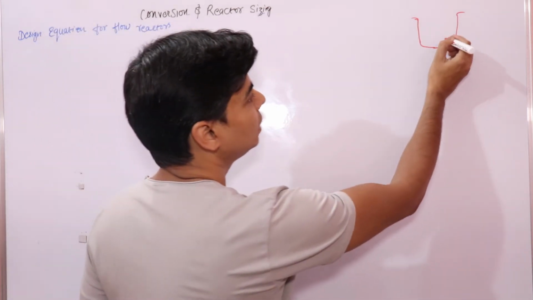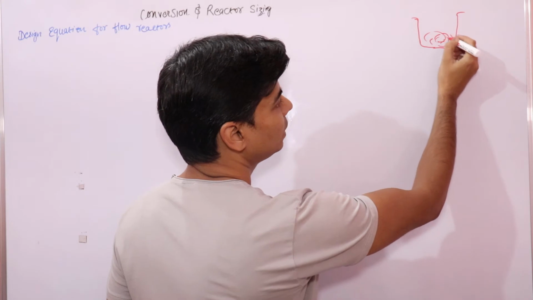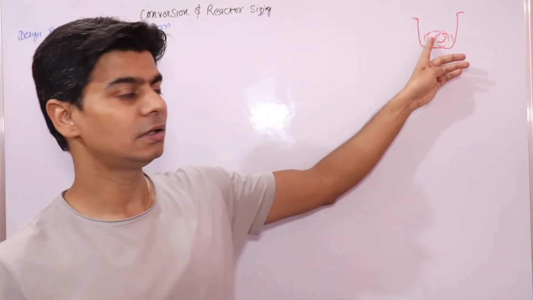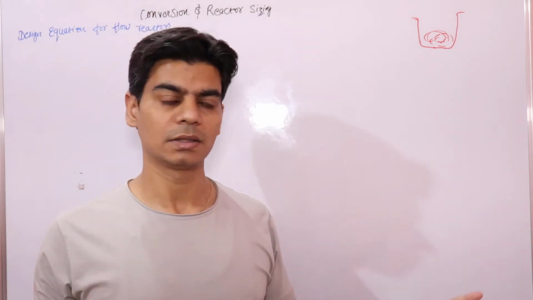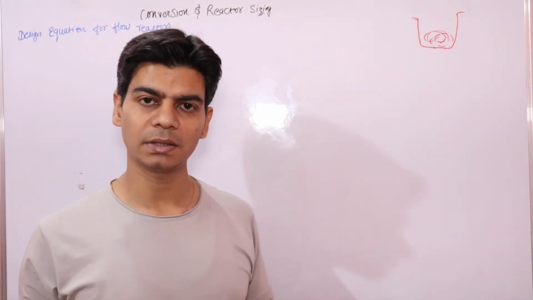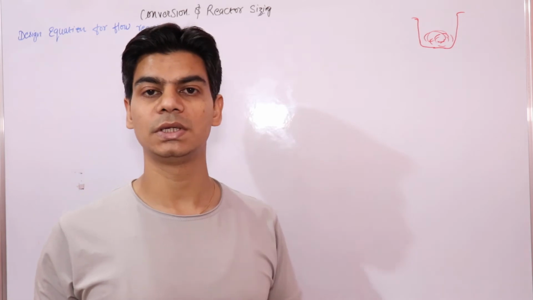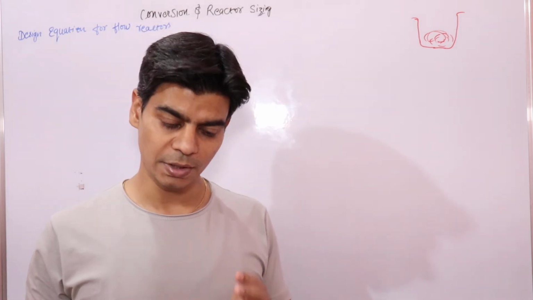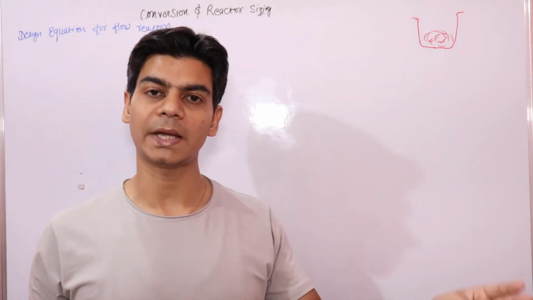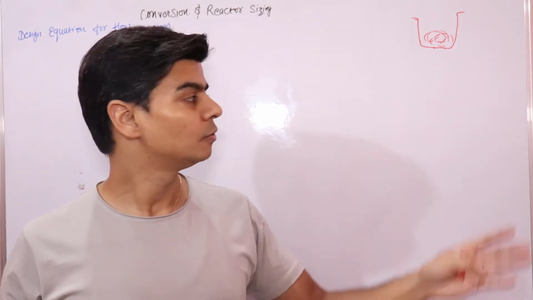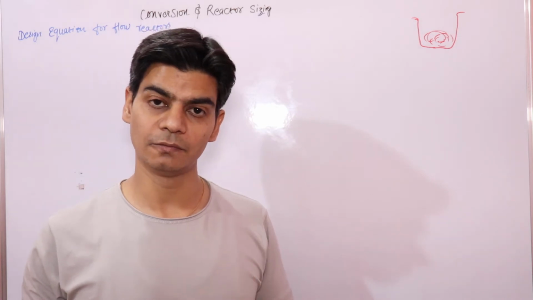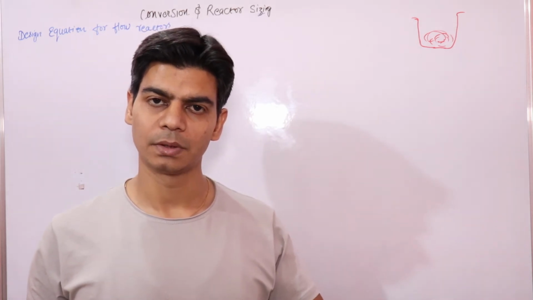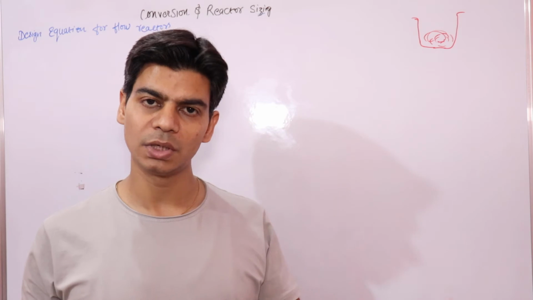And suppose this is the reactant, and if we leave the reactant for a longer period of time, they have more time to react. These reactants have more time to react inside the reactor, so the conversion rate is high. So here the conversion rate depends on the time for which these reactants are in contact with one another. More is the time, more is the conversion.